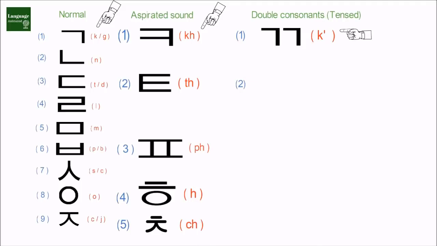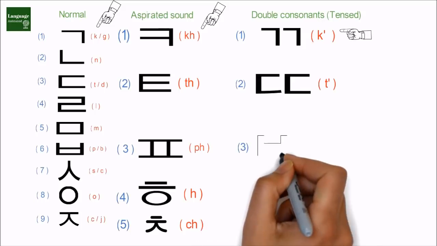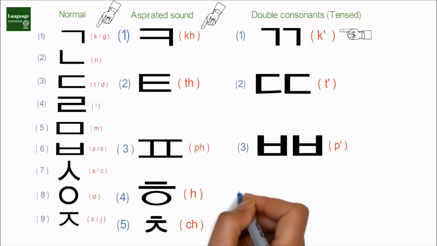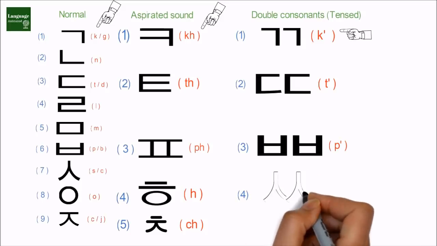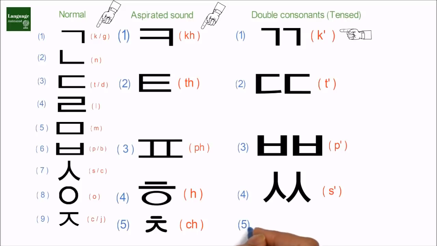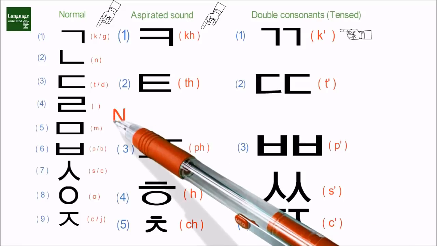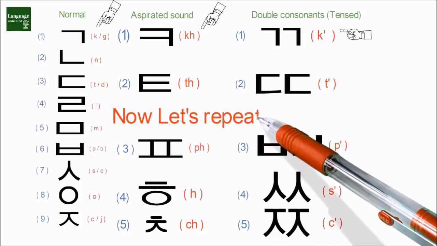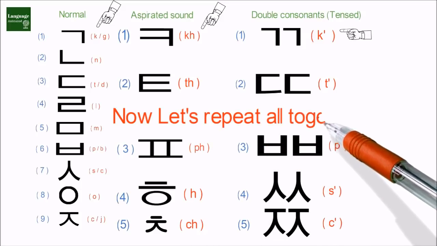Next one is T. Third one is P. Fourth one, S. And the last one is T. It's not G, it's T.